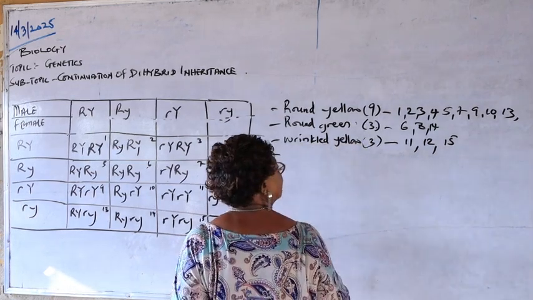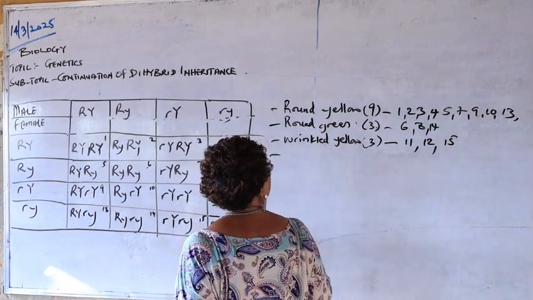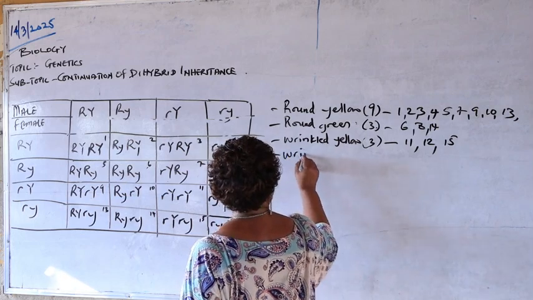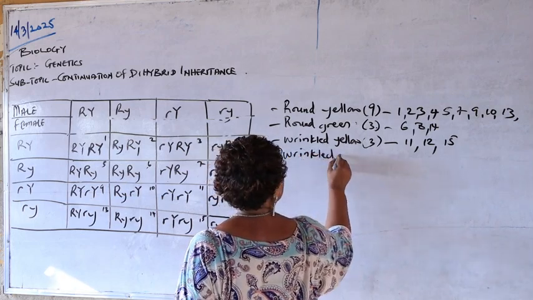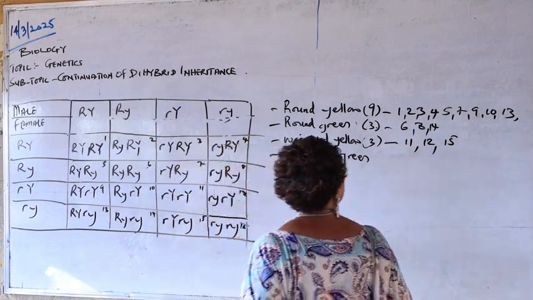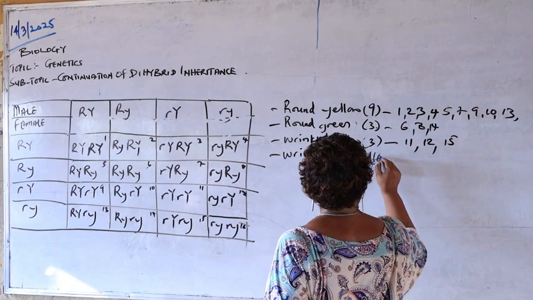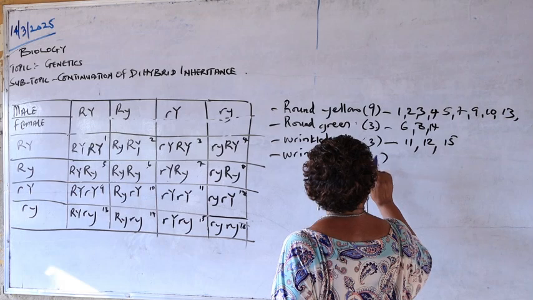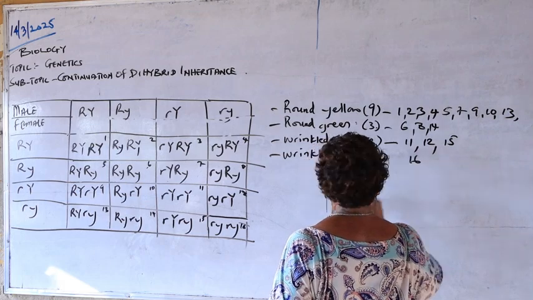Then they take the last one. This last one should be wrinkled green. And that is how many? 1, and that's 16.